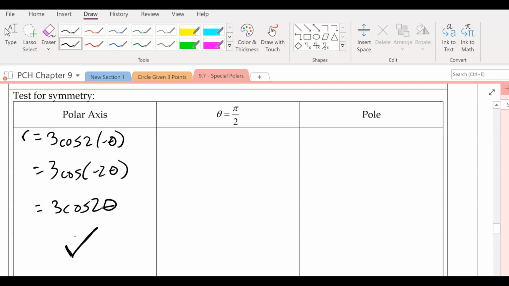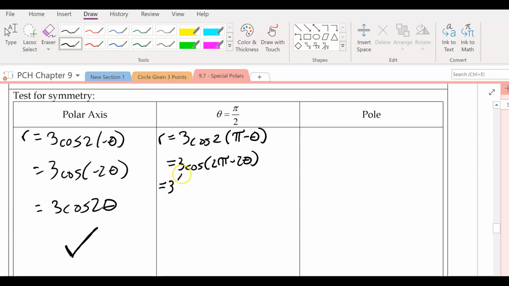Now let's check for theta equals pi over 2 symmetry. So we're going to replace theta with pi minus theta. Let's go ahead and distribute that 2. So 2 pi minus 2 theta. Then we'll use our difference formula.